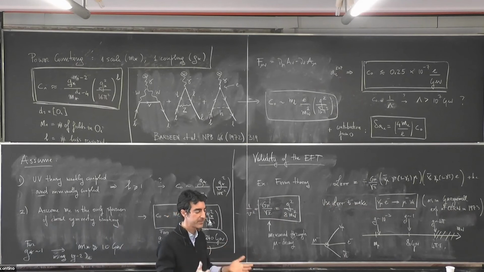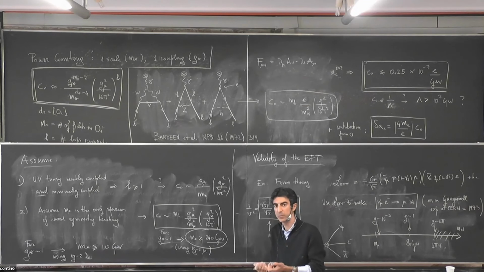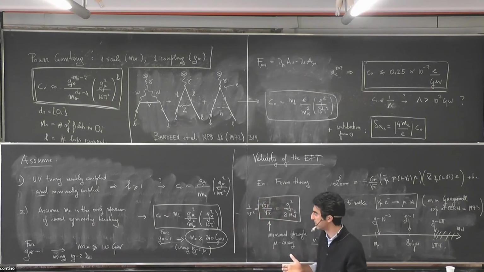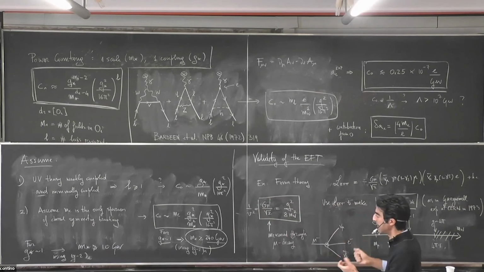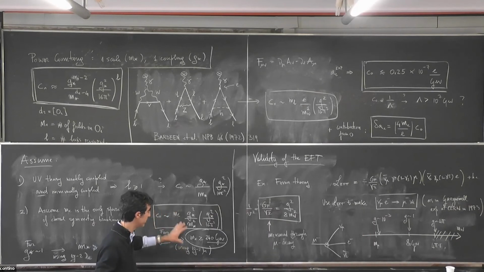That's very important, because sometimes experimentalists or even theorists try to answer this question independently of the UV physics, but that's not possible. And this example, I think, makes it clear.